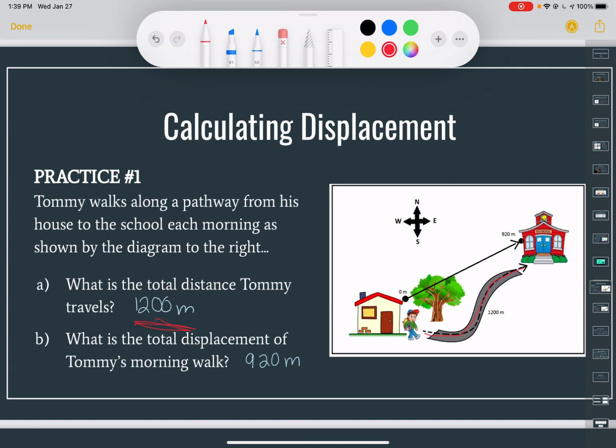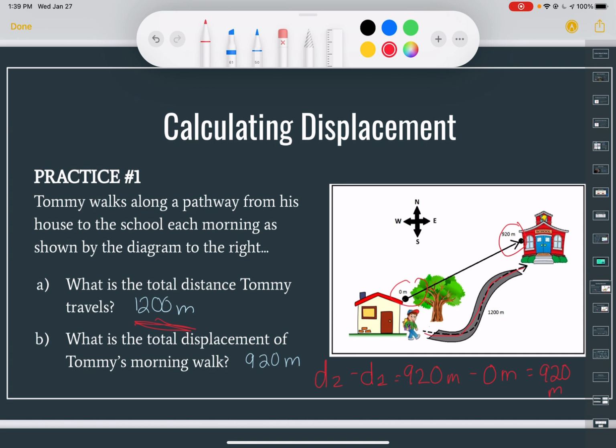And just to put that in perspective, our formula is D2 minus D1. So our D2 is where we end up, which is 920, minus where we started, which is 0. That gives us 920 meters, okay? So that's how we use that formula.